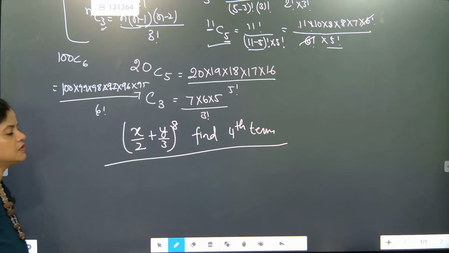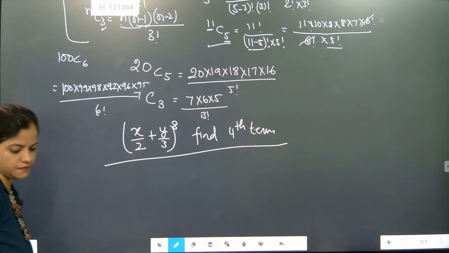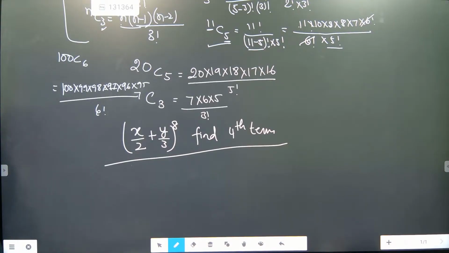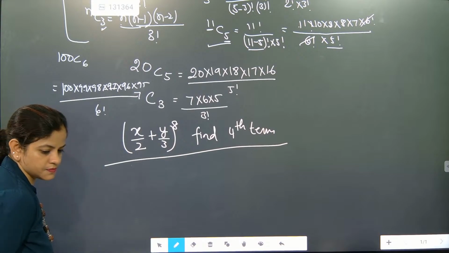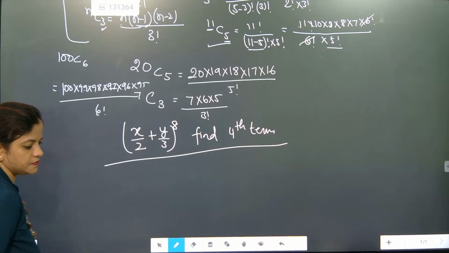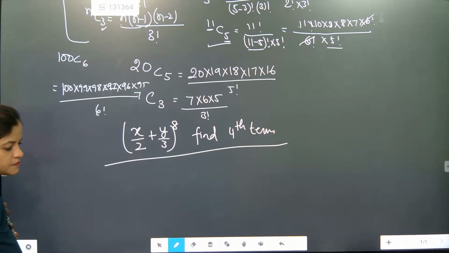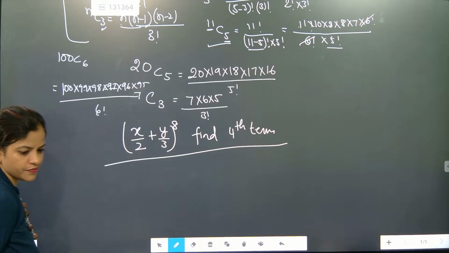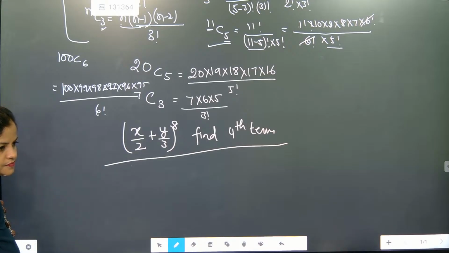Gagan, Payoja, Siddharth, Sujata, Divya, Rishika, what answer is coming? Say.